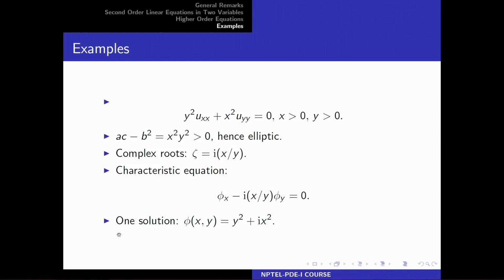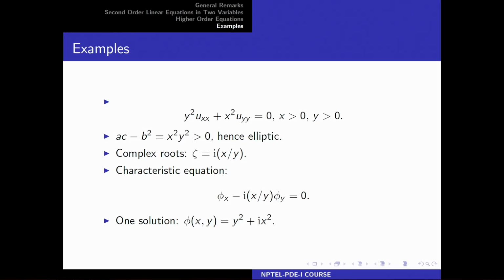Looking at the equation again, if you make phi y a real function and phi x a purely imaginary function, then there is a possibility of cancellation, and we see that phi of x y has one solution.